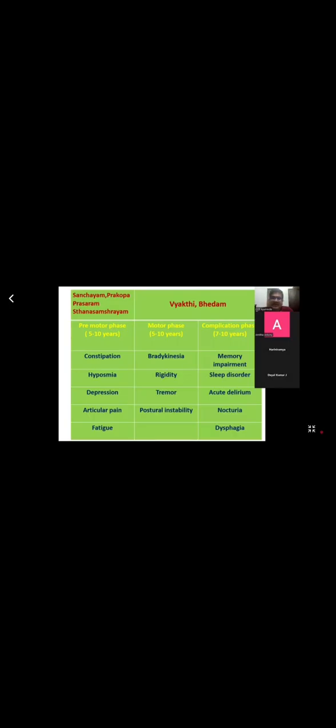Then the Vyakti and Bheda Avastha, that is the motor phase, which lasts for 5 to 10 years again. In this phase, bradykinesia, rigidity, tremor, and postural instability happen. In the last phase, the complication phase, which may last up to 7 to 10 years, there is memory impairment, sleep disorders, acute delirium, etc. So this slide becomes the summary of all the previous 34 slides.